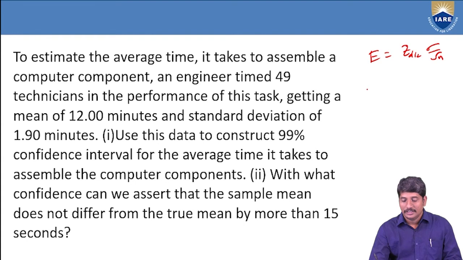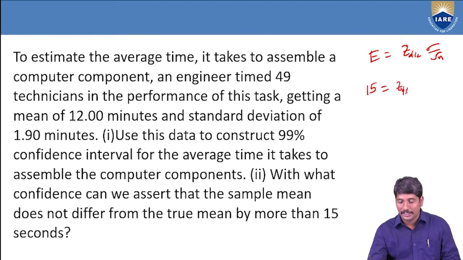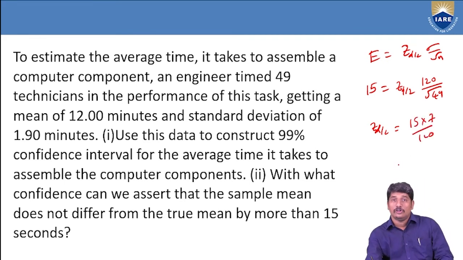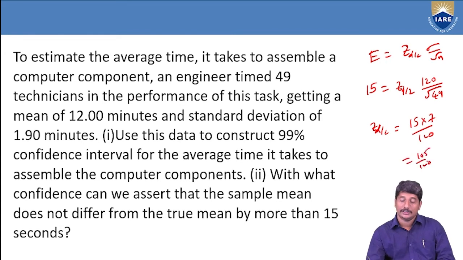E is 15 seconds, Z alpha by 2 we have to find, sigma is 120 seconds, and n is 49, so root n is 7. So Z alpha by 2 is equal to 15 into 7 by 120. We get 105 by 120, right? That means 7 by 8.